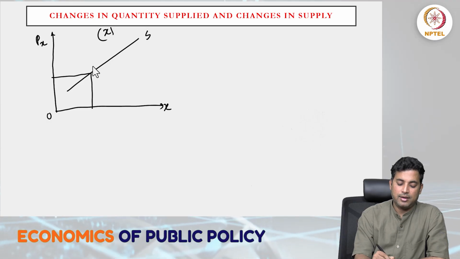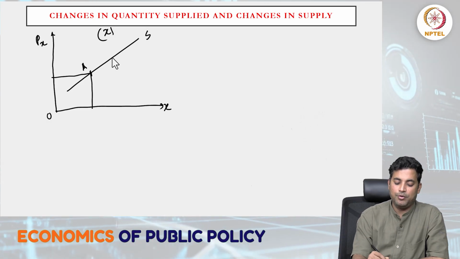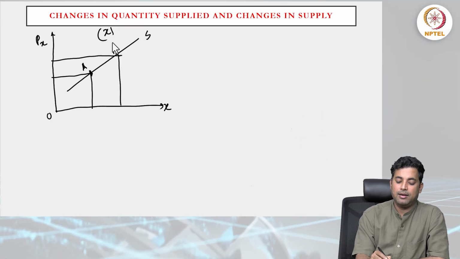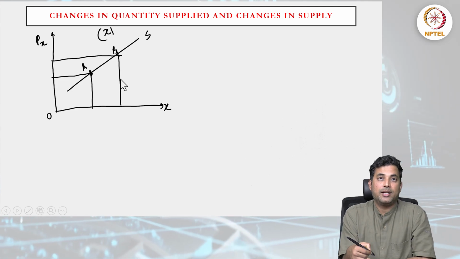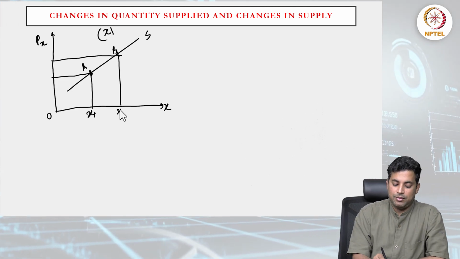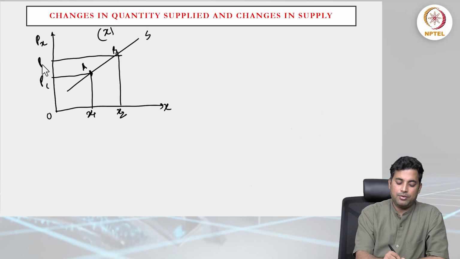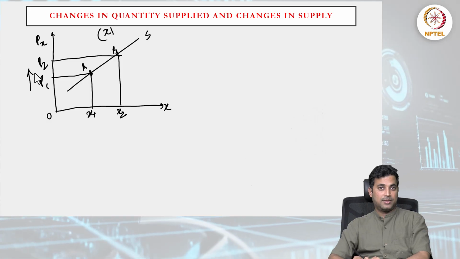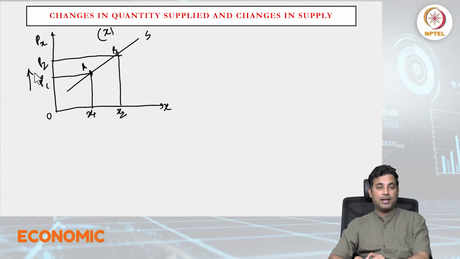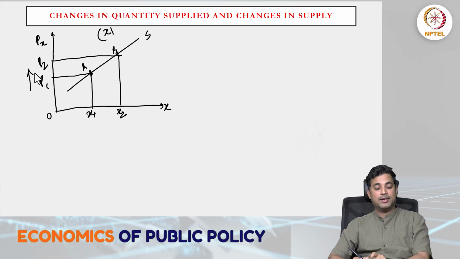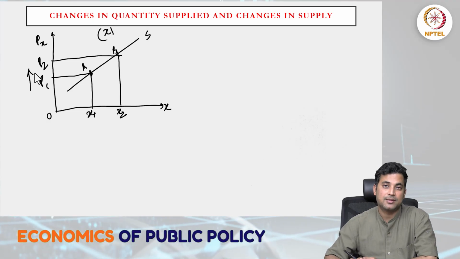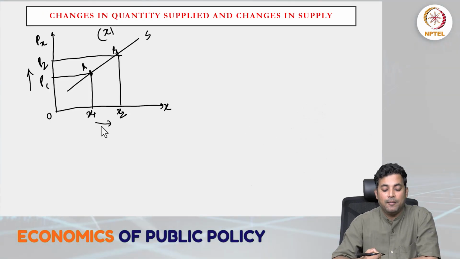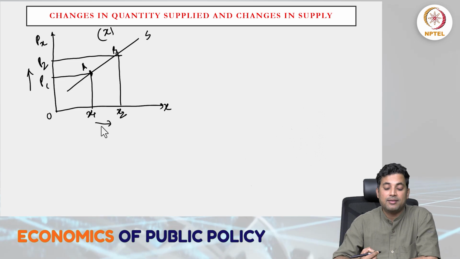If the point moves from A to B, it is basically a change in quantity supplied, like X1 to X2 and P1 to P2. If X becomes expensive, or the price we get for X is increasing, then producers will tend to produce more. So price and quantity supplied are directly related.